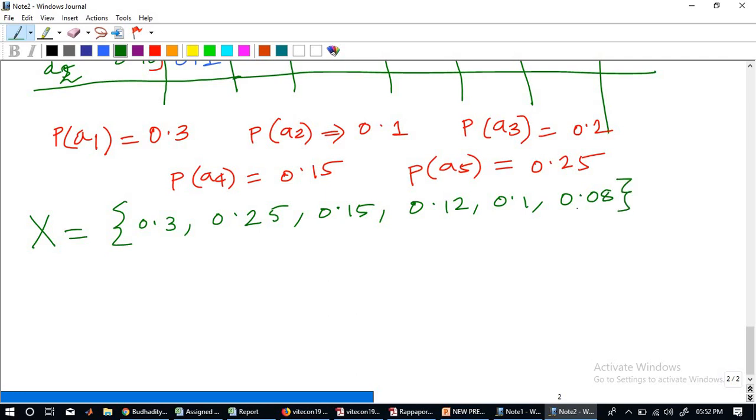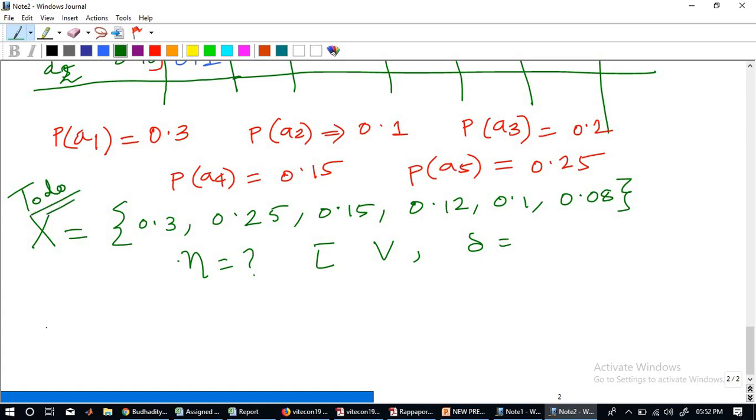Given this set of probabilities for the source X, find the Huffman code. So calculate the efficiency, L average and the variance, along with the redundancy. So that's one to do.